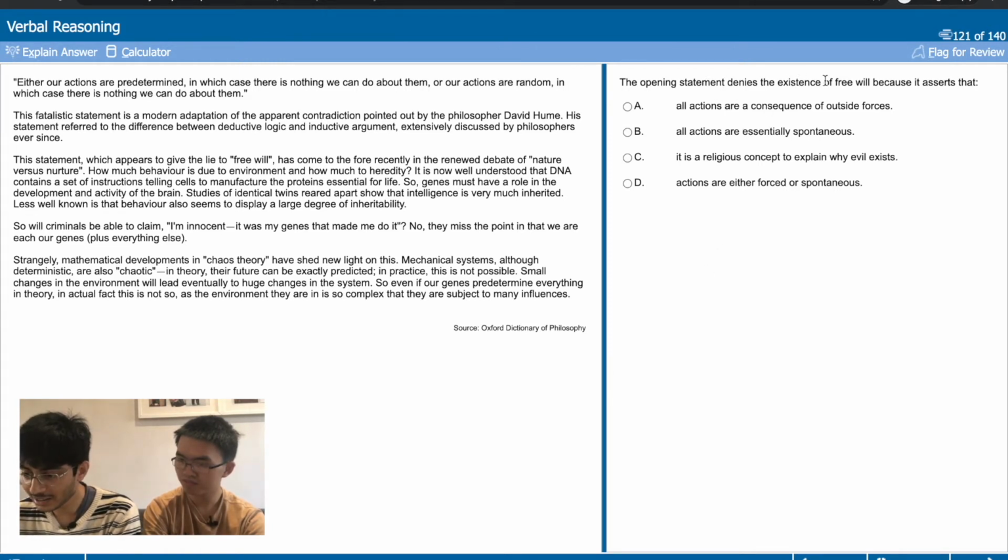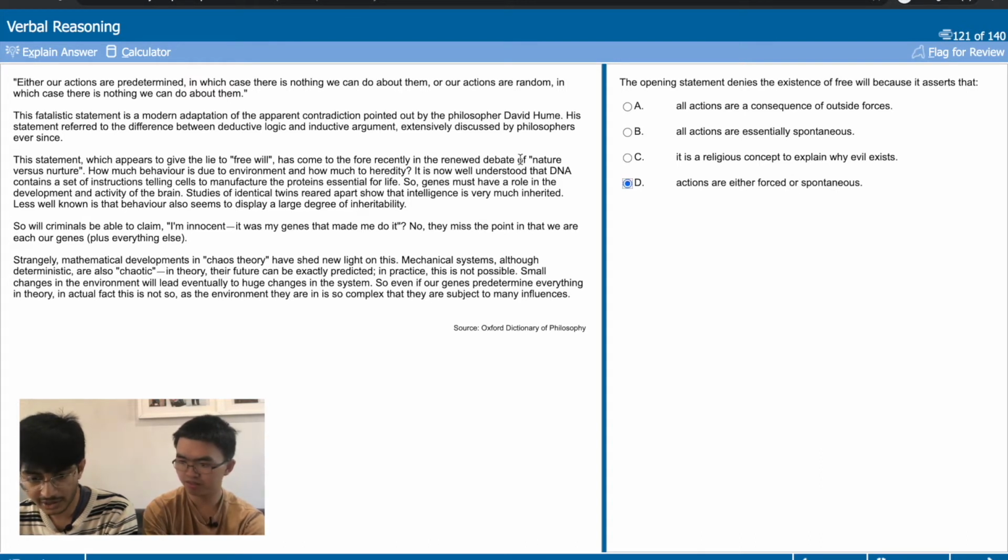Opening statement denies the existence of free will. Okay, so it's talking about the first paragraph. So, it denies the existence of free will because it asserts that all actions are either forced or spontaneous.